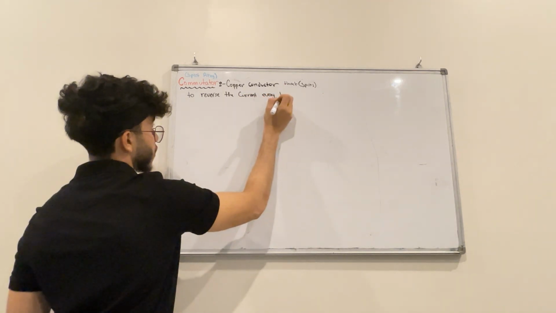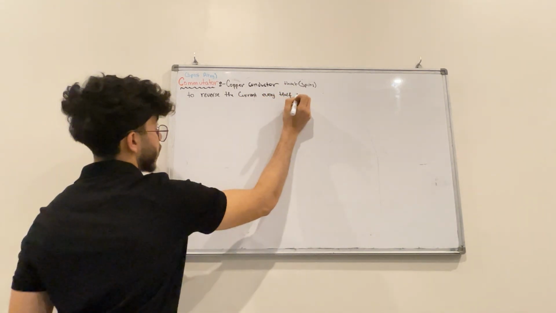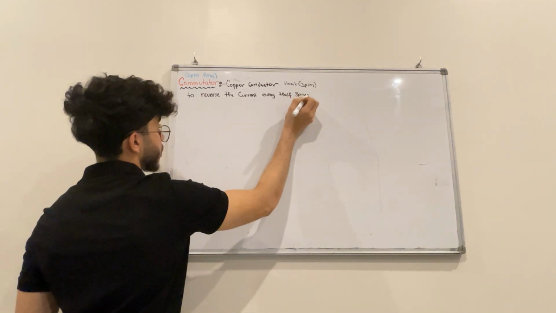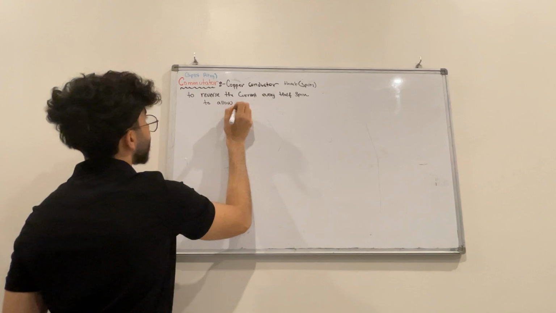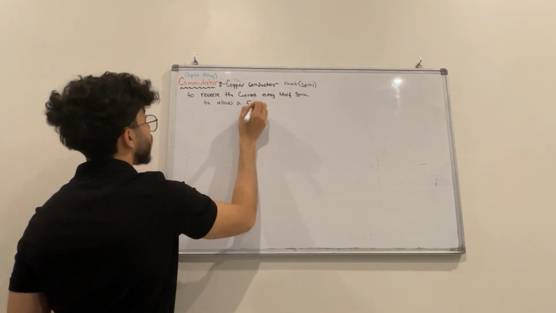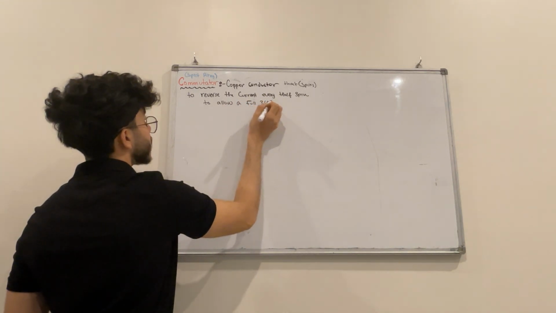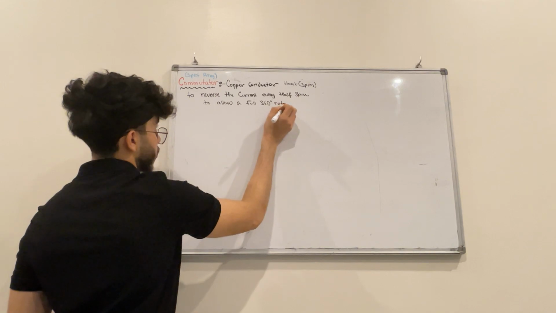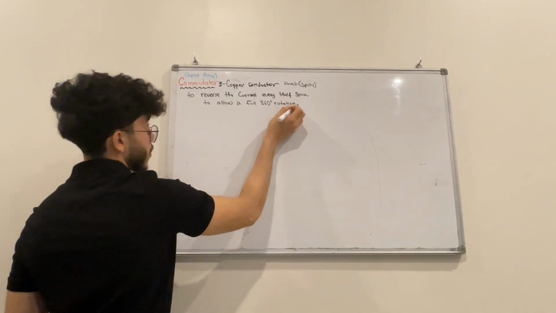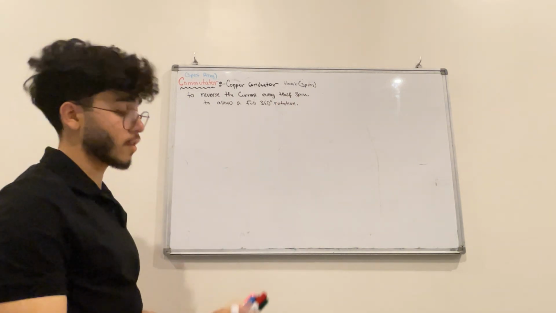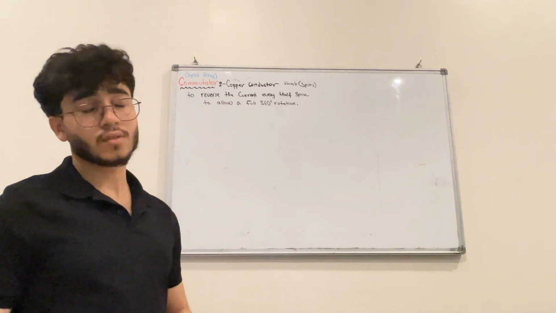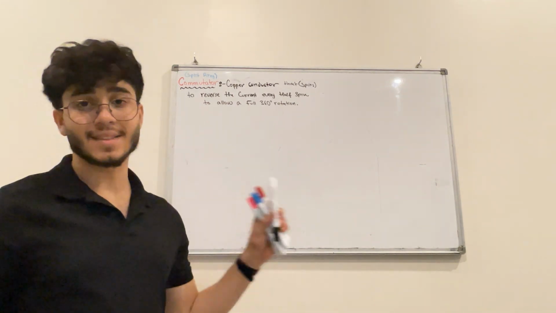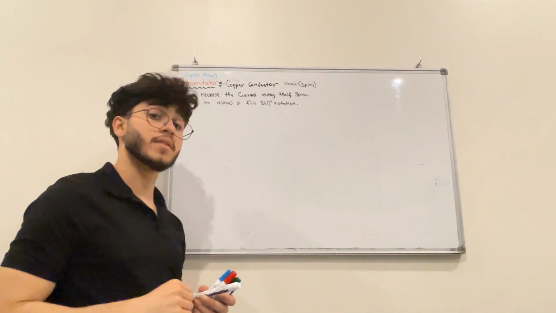A copper conductor that spins, to reverse the current every half spin to allow a full 360-degree rotation. This is the commutator. How it exactly does this, we're going to understand by studying in depth the structure of the commutator itself.